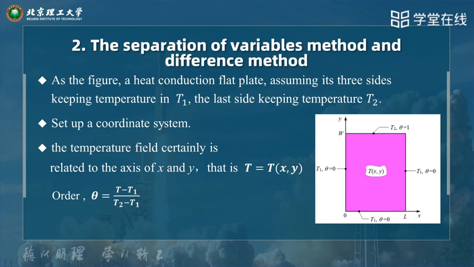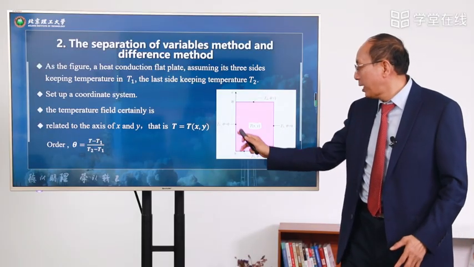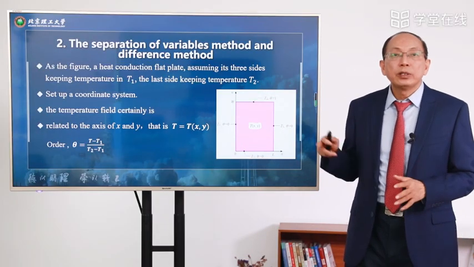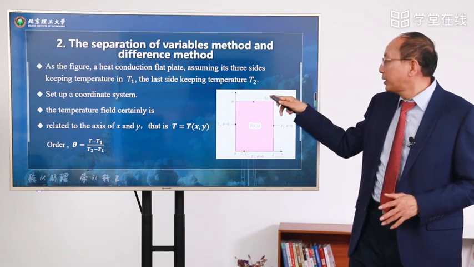Here is the example. Like this figure, we consider heat conduction in a flat plate. Assume its three sides keep temperature T1, here T1, T1, and T1. Only the fourth side is T2.